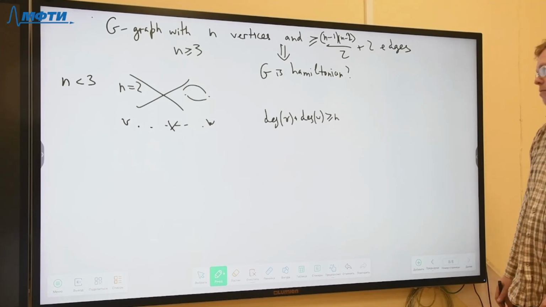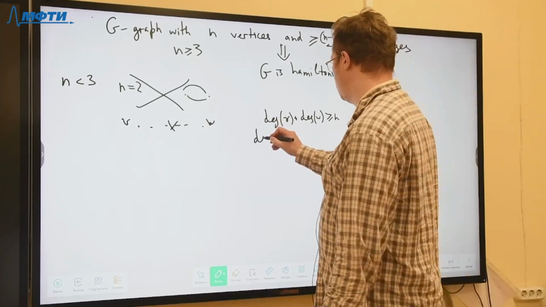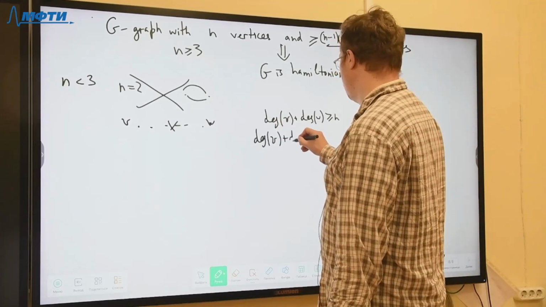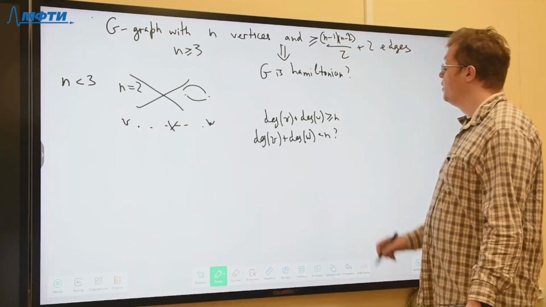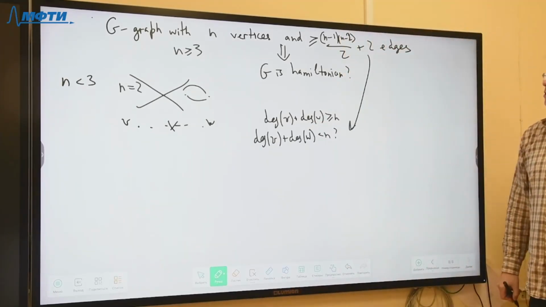So can the opposite be true here if you have such number of edges?